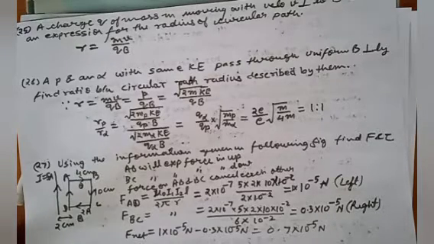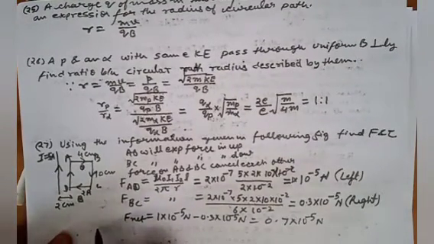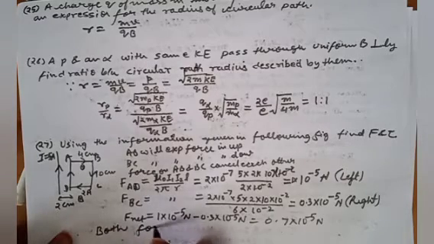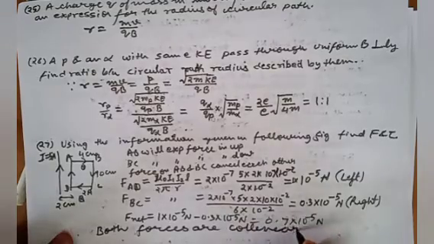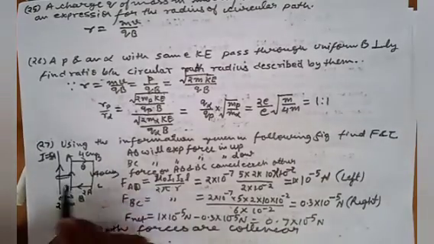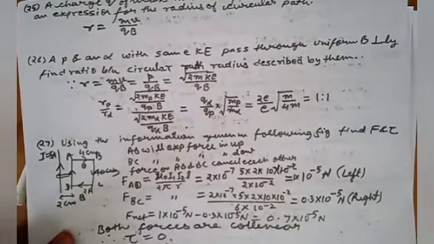I'm interested in another thing which is of greater interest: both forces are collinear. One is going this way, the other is going that way, both are collinear. So tau equals 0, there will be no torque.